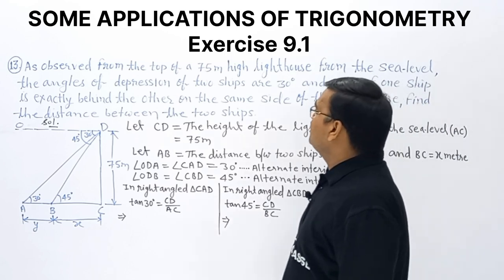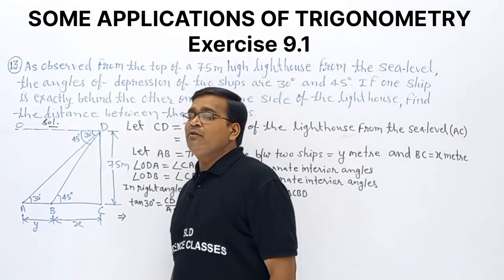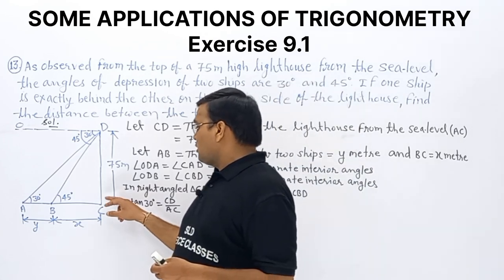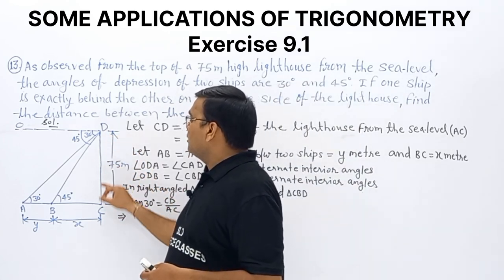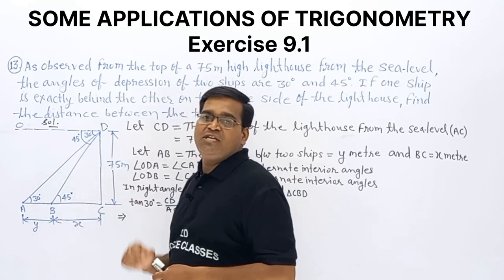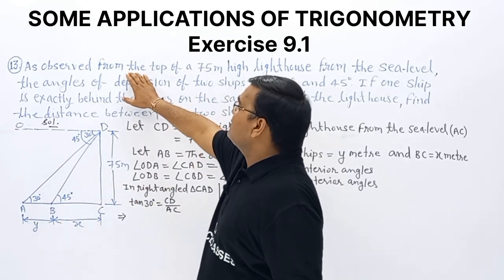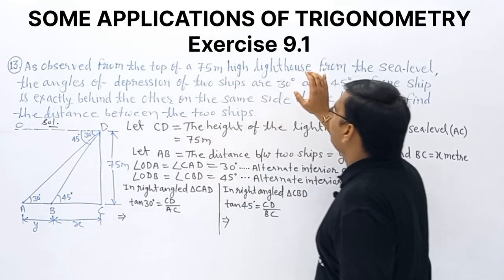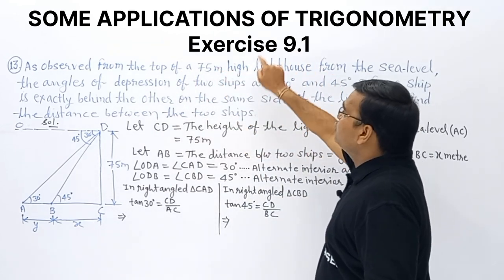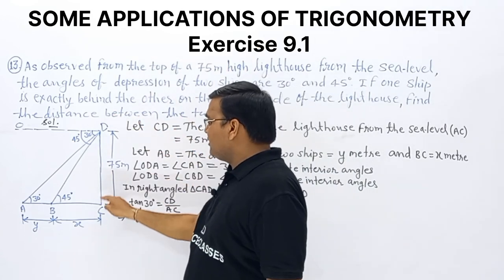So what is given in the question? We have one lighthouse. Observe, CD is the lighthouse, measured from the sea level. The lighthouse height is 75 meters.